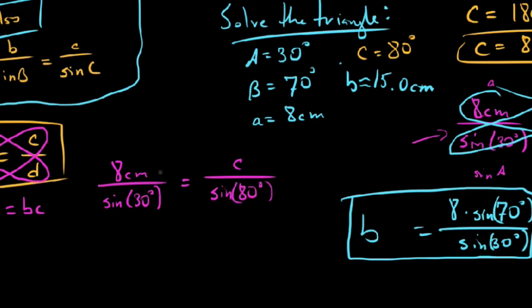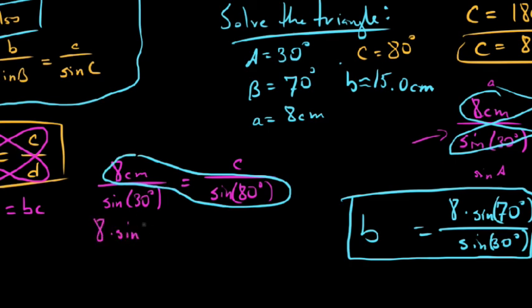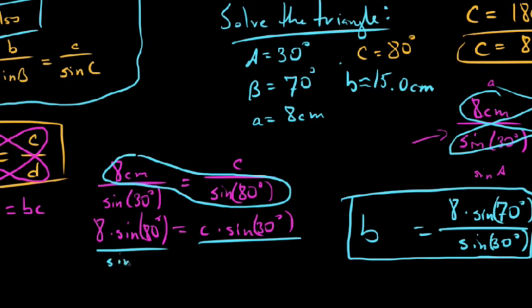So now again, running a cross product on this, we say, okay, so sine 80 times 8, or 8 of these sine 80 things, 80 degrees, is equal to c times sine of 30 degrees. And now we can divide both sides by sine of 30 degrees.